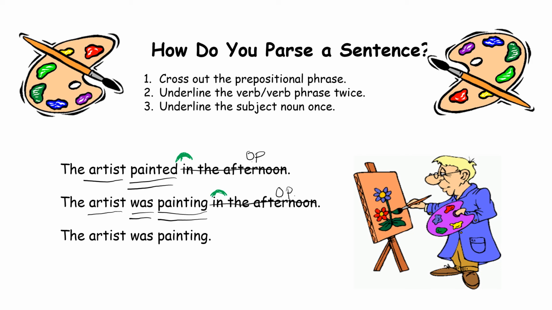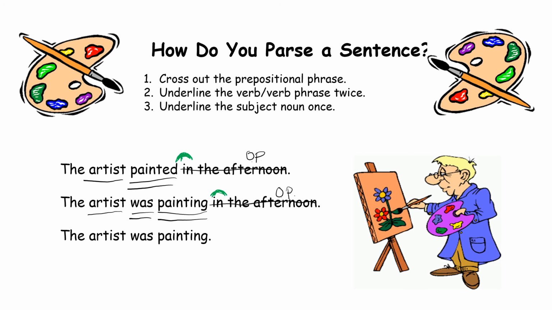Let's look at our third sentence. The artist was painting. Do you see any prepositional phrases in that sentence? Let's look at the words. The, artist, was, painting. Are any of those on your preposition list? Nope, they're not. So we don't have any prepositional phrases to cross out. Let's just go right to step number 2.